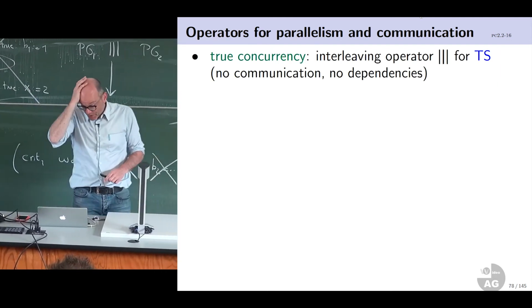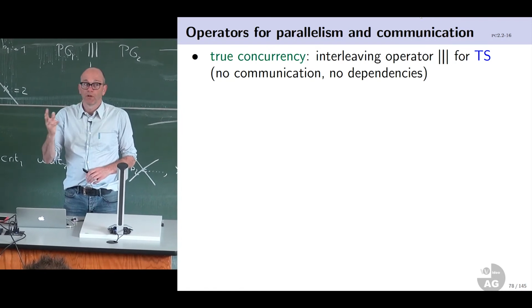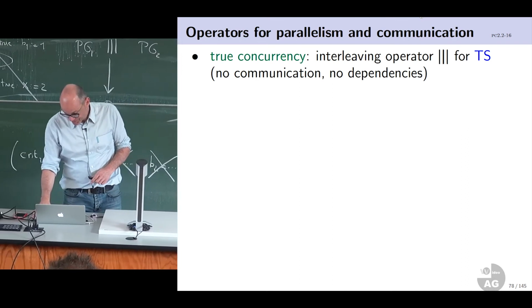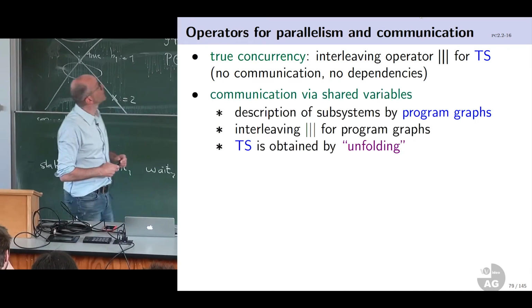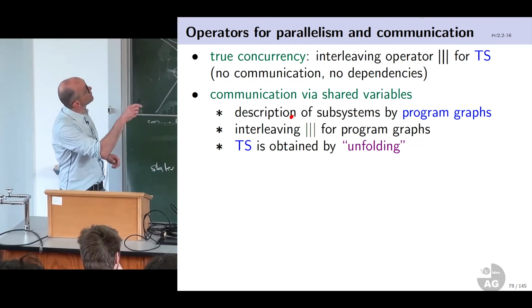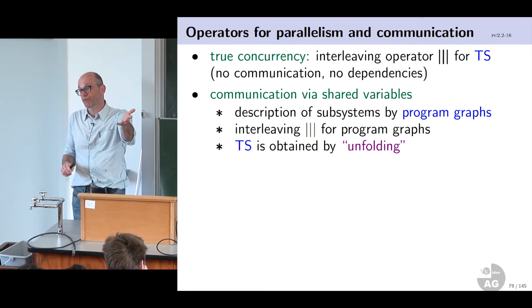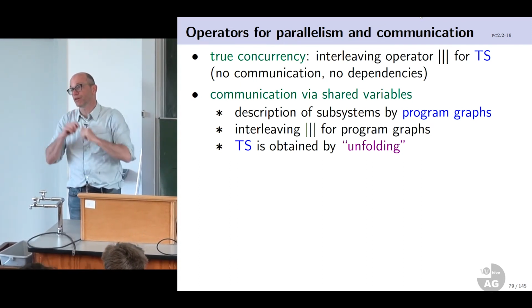This is about this interleaving operator, parallel composition, and on the program level, it's possible to communicate via shared variables. That's what we just have seen, and what you should keep in mind is that you describe the subsystems by program graphs. One subsystem is one program graph, the second subsystem is a second program graph. Now you try to glue them together.